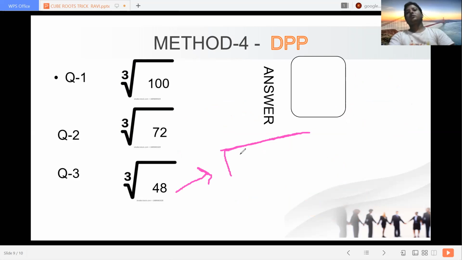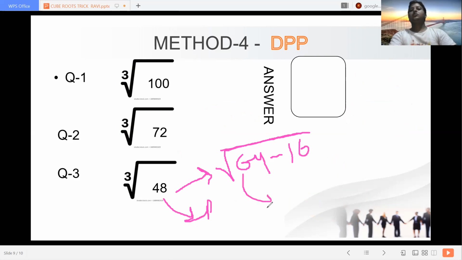Therefore we can write 48 as 64 minus 16. Here P is 48 and Q is 64. P minus Q is 16.